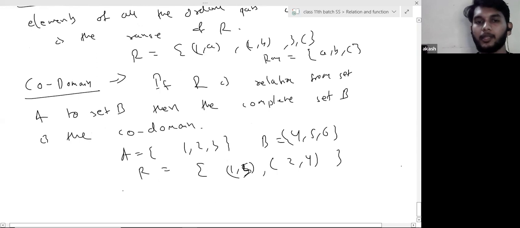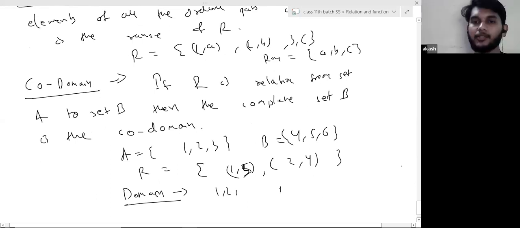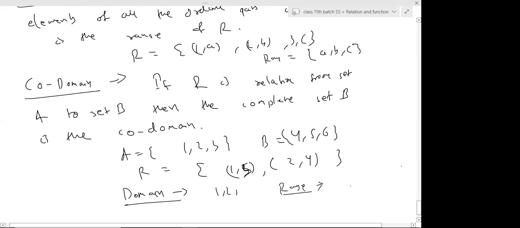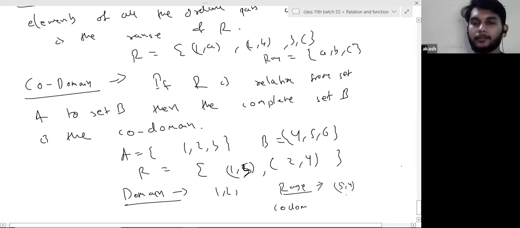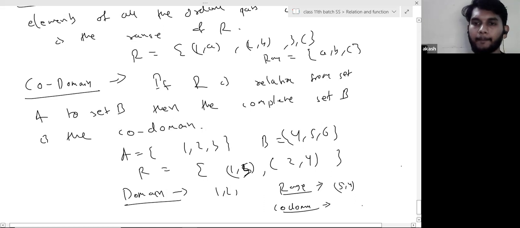Can anyone tell me what is the domain here? 1 and 2. And range, 5 and 4. And what will be the codomain here? 4, 5, and 6.